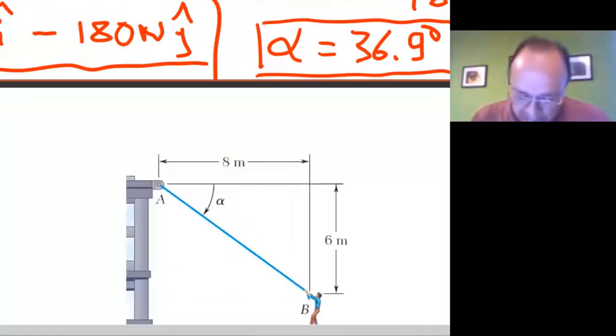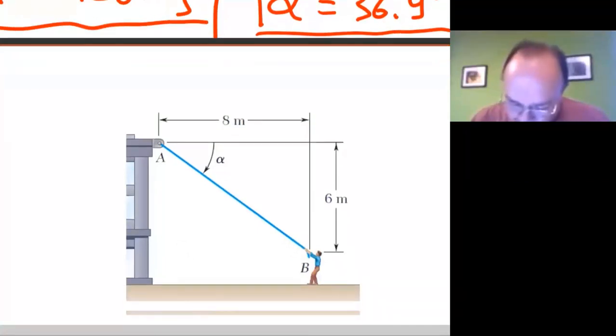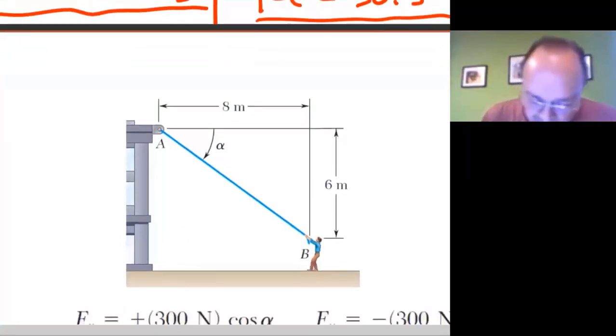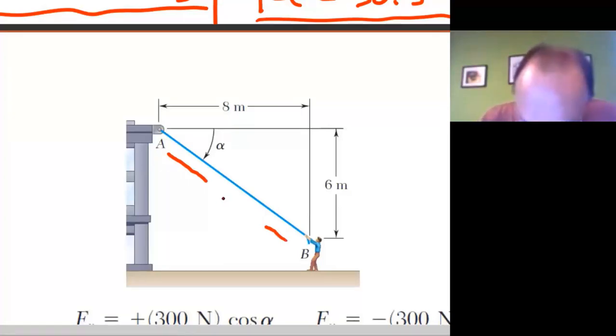If you know these dimensions, then you can find the dimension from A to B, let's call it AB.